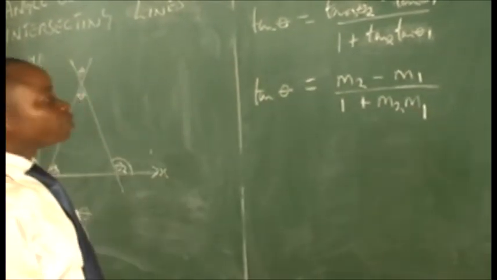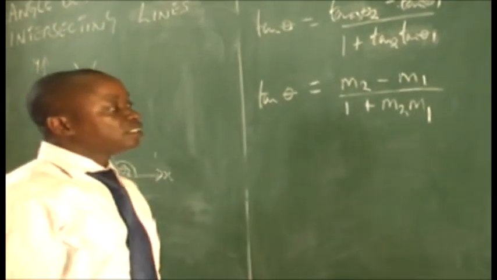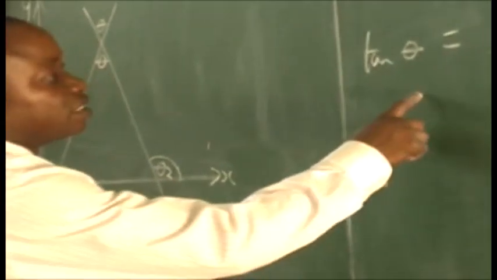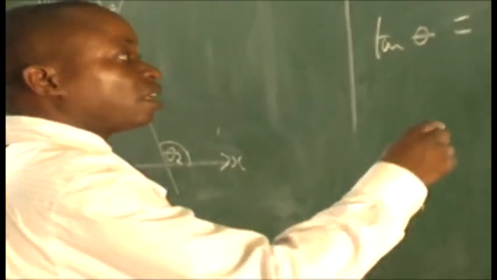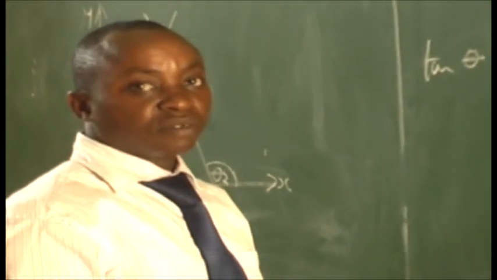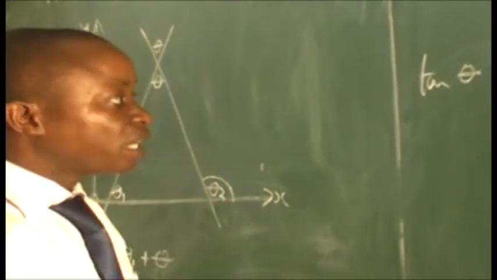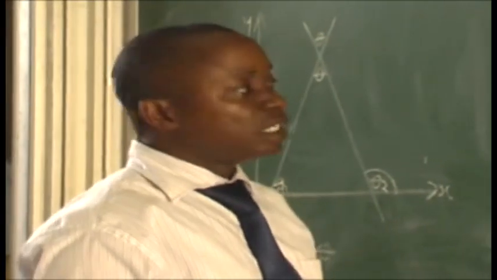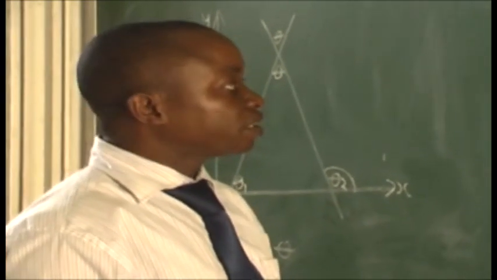There are very important points we will note: if tan θ is negative, it means we will have an obtuse angle, we should remember. And when it is positive, it means we have an acute angle. Now, we want to look at an example that will make us understand this particular topic.